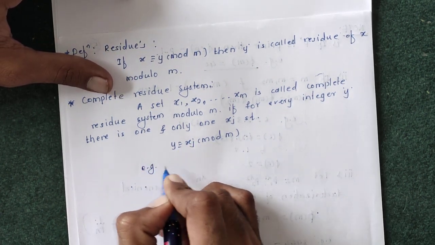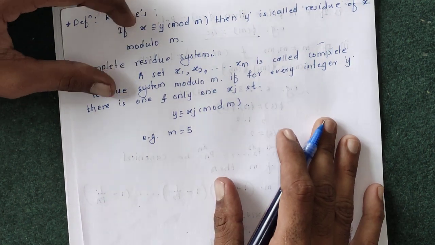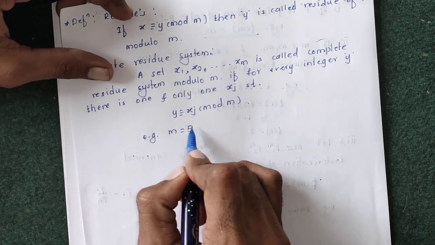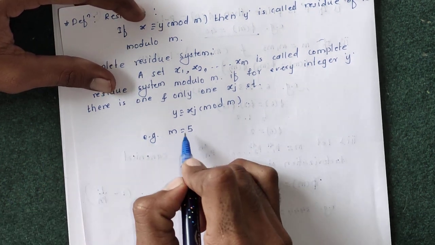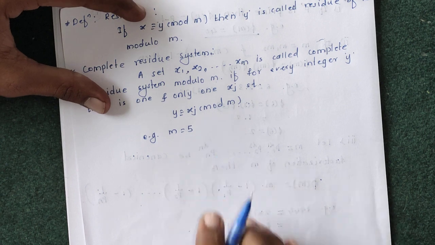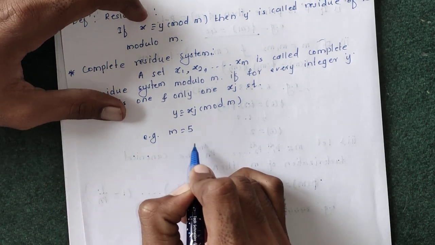For example, suppose m is equal to 5. If we divide any number by 5, we get a remainder.